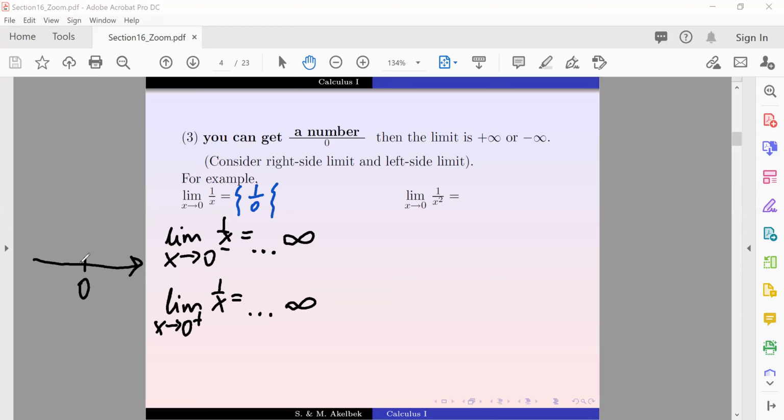It does not need to be very close because we're not looking for an exact approximation. Any number on the left side of 0, for example -1 or -1/2. I substitute -1 and get 1 over -1, which is negative. That's how I determined that it is negative infinity from the left side.